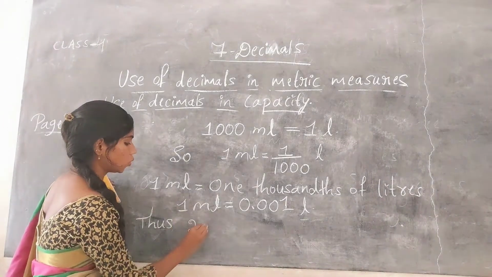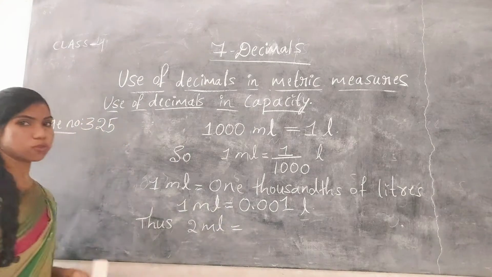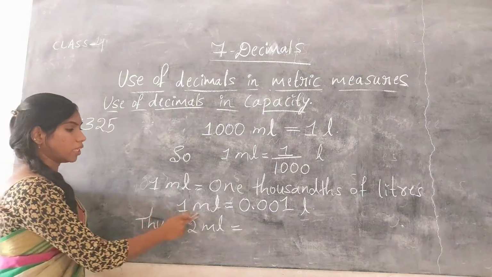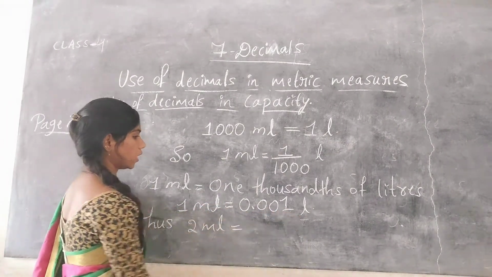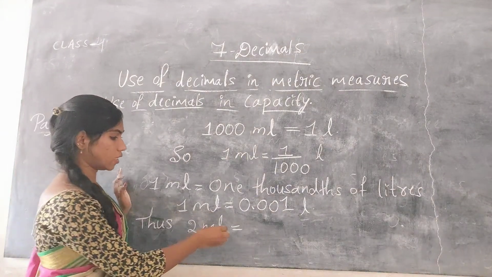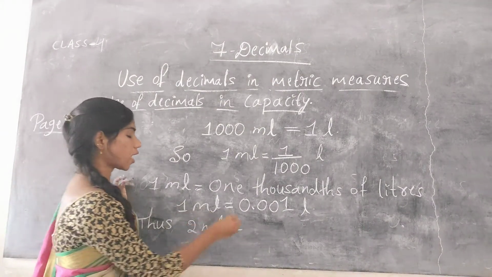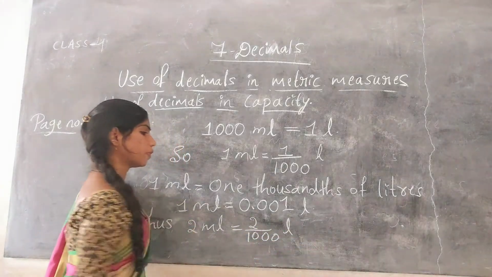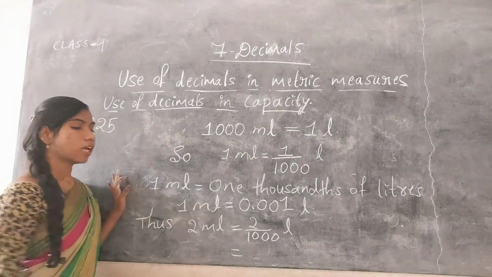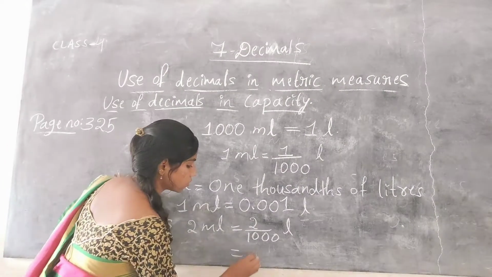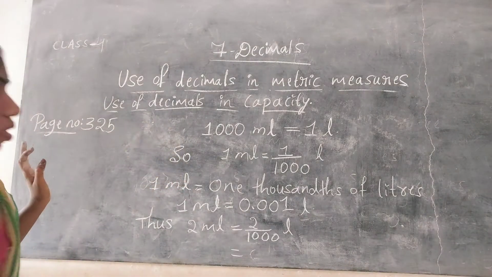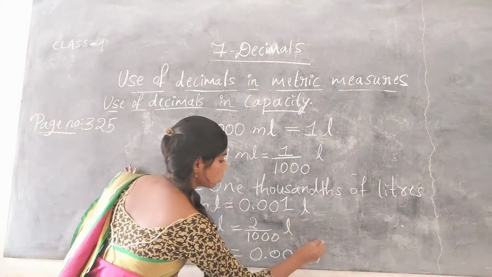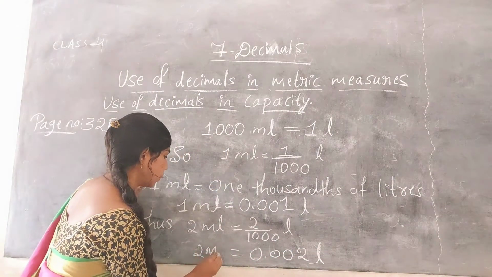Thus 2 milliliters is equal to 2 by 1000 of a liter. In decimal fraction we can write it as 0.002 liters.